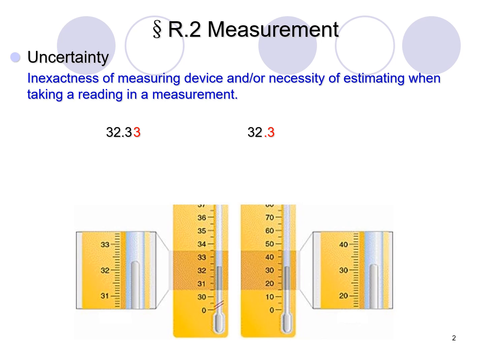So if we have inexactness in our measurement from the digital device, or the necessity of estimating from the thermometers, as we just discussed, all of those give us an uncertain digit, because that digit is subject to change if we have a different person conduct the same experiment.